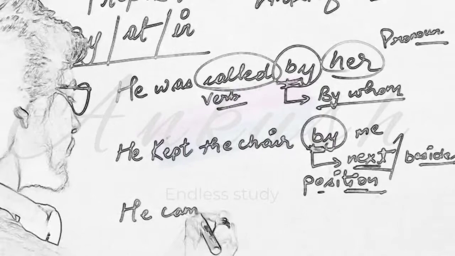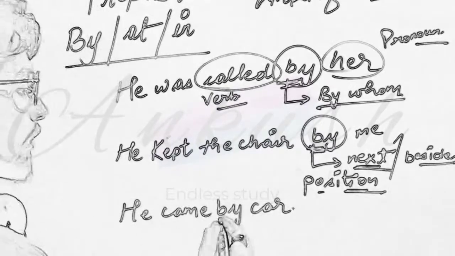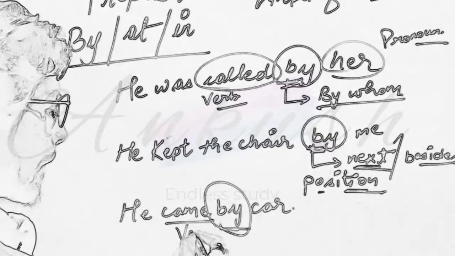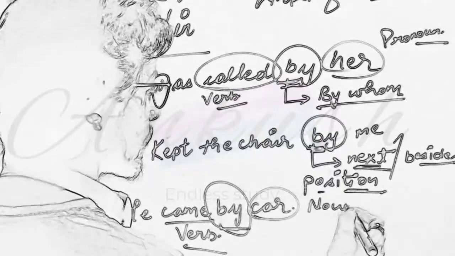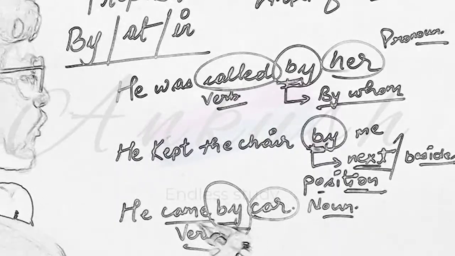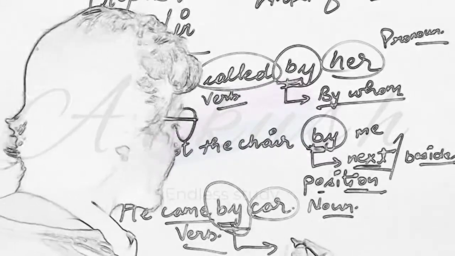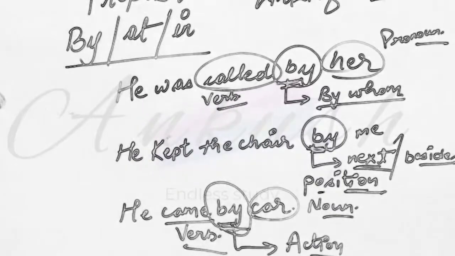He came by car. Now you see by is also working here as a linking word. Came is a verb and car is a noun. By is showing an action which is being done by the doer.